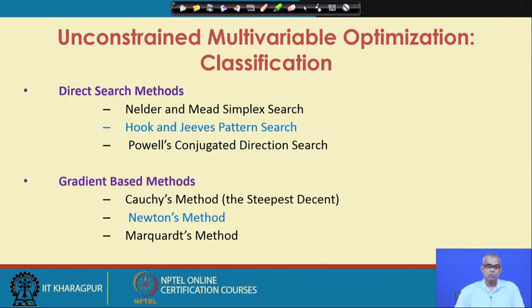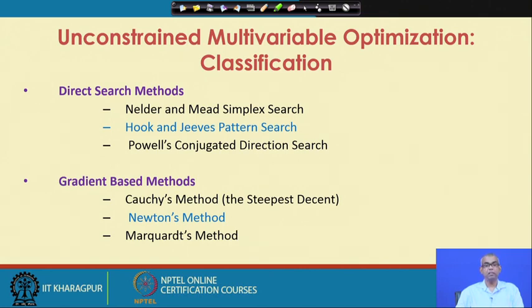So, now we will classify all the unconstrained multivariable optimization techniques that we will talk about in this course into two categories: direct search methods and gradient based methods. Under direct search methods, we plan to discuss Nelder and Mead simplex search, Hooke and Jeeves pattern search and Powell's conjugate direction search.